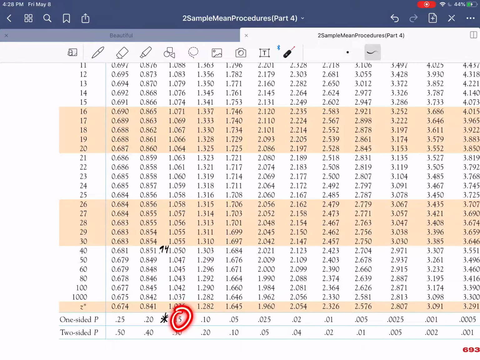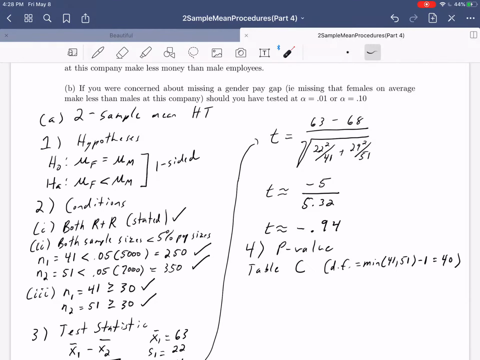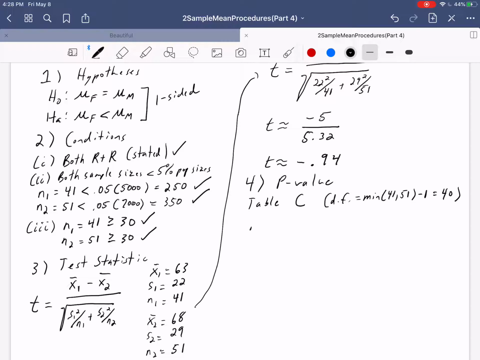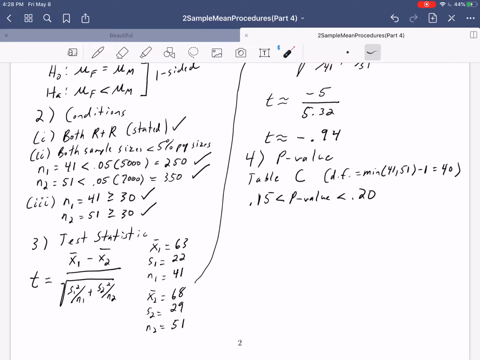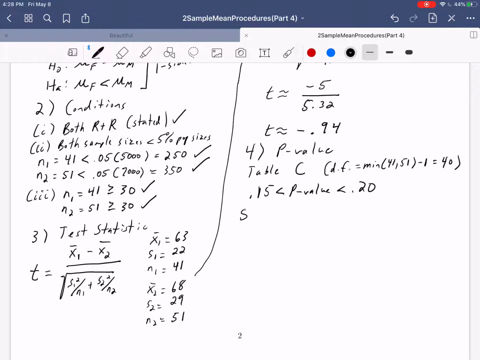Remember, the right side is always the low end, so we will reverse this when we write it down. So we will say that 0.15 is less than the p-value, is less than 0.20. So we know our p-value is located somewhere between 0.15 and 0.20, or if you prefer percentages, it's somewhere between 15 and 20%.